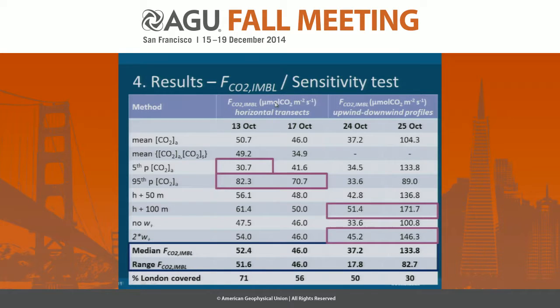And conversely, it was the determination of the boundary layer height and the determination of the vertical wind speed that actually influenced the calculated fluxes the most. So from all these estimates, we calculate the median flux using the aircraft data, and then we calculate the range of these fluxes, and we can see that the range of these fluxes can be as high as the flux itself.